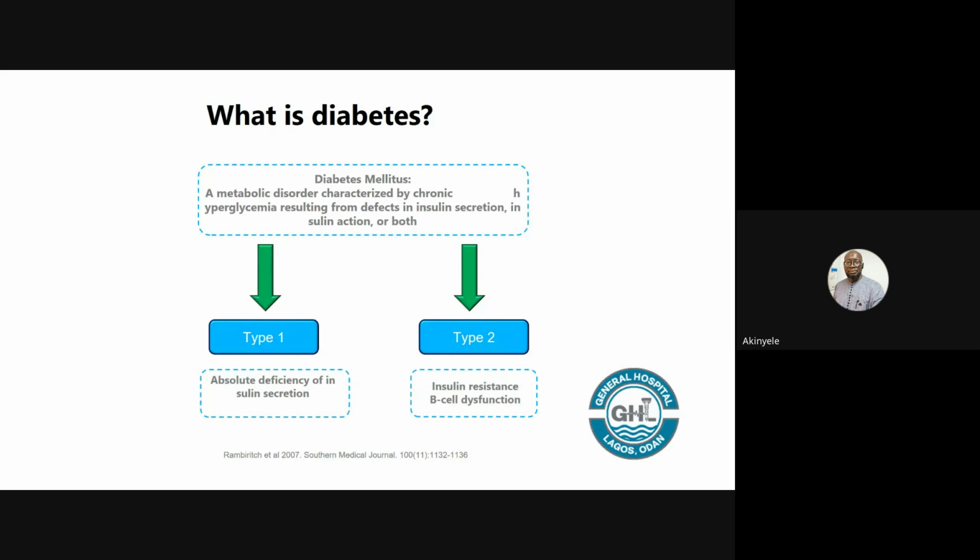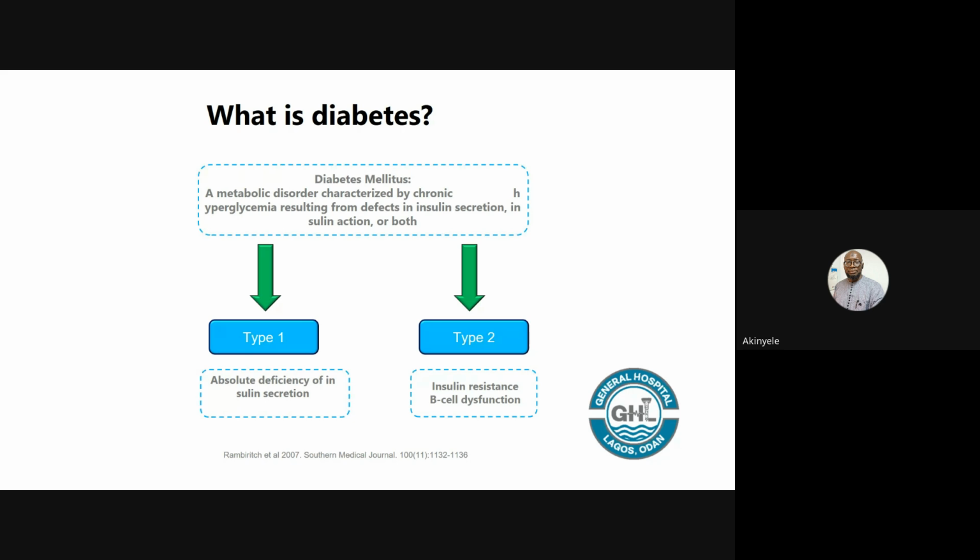Meaning in people who have diabetes, either they are not producing insulin at all, or they are not producing enough, or even when they produce enough, there is a problem with the insulin action at the site where the insulin is required. So there are several types of diabetes mellitus.